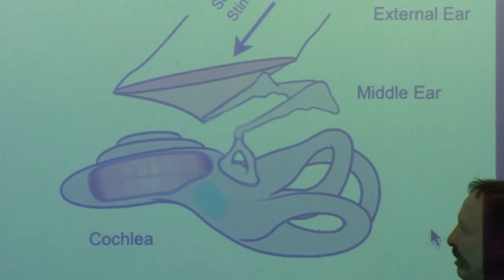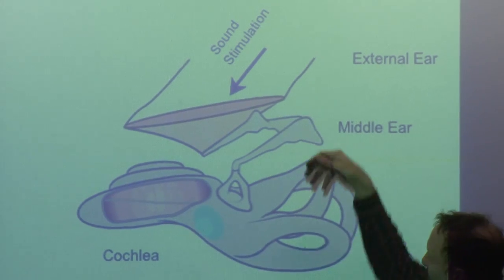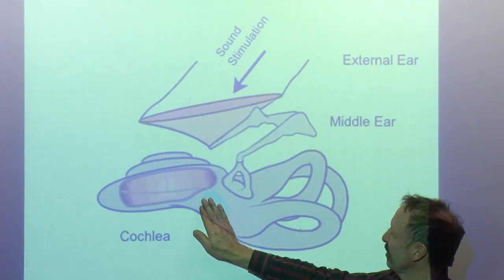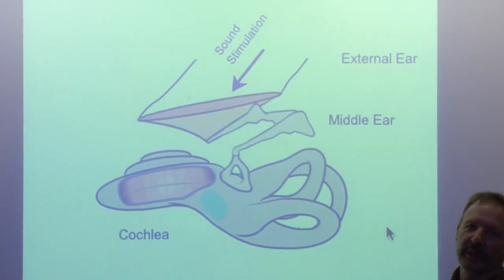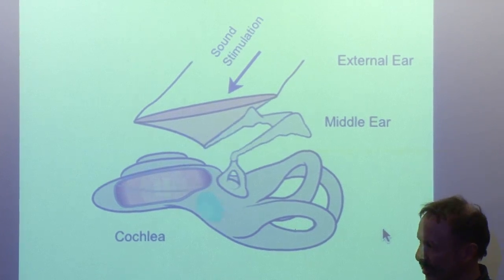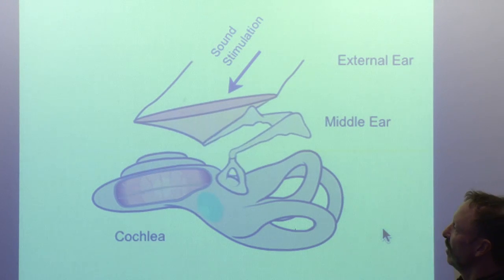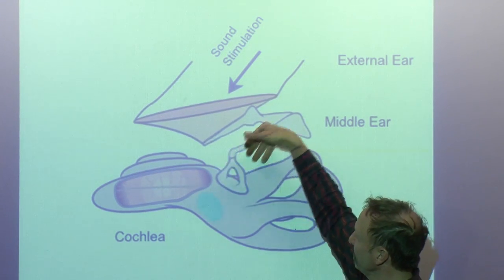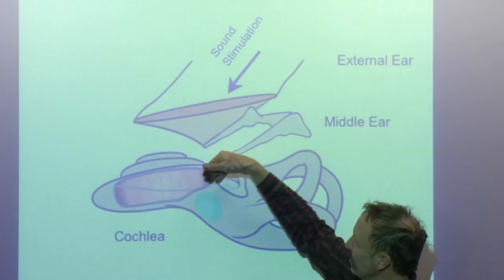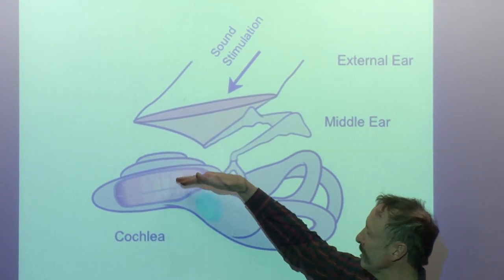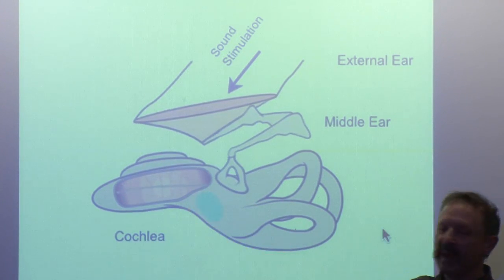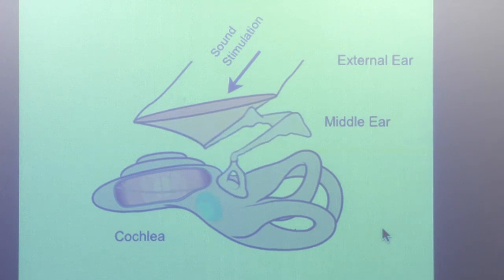Fluid's relatively incompressible. So this pushing in means this membrane over the round window can push out easily. It's easy to push in and pull back because this membrane can give. As you can see, the motion of these bones is coming into the fluid quite nicely and changing some membranes inside the inner ear.